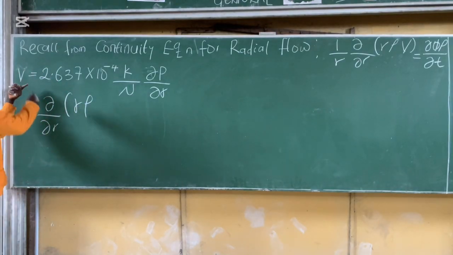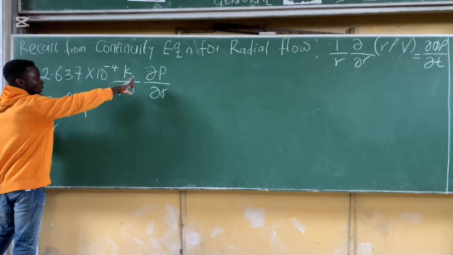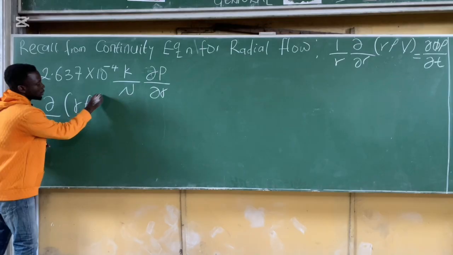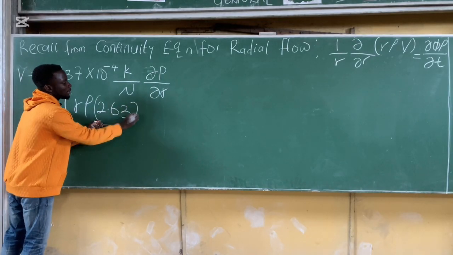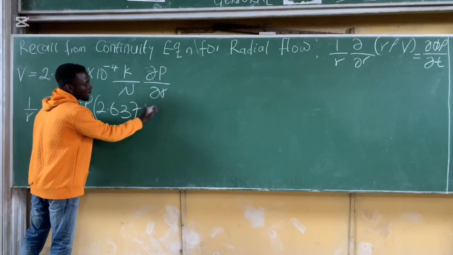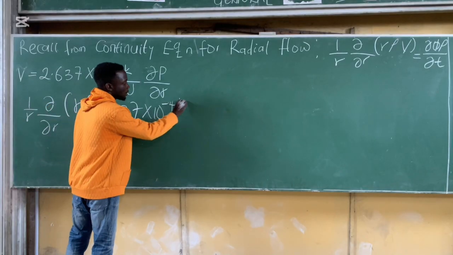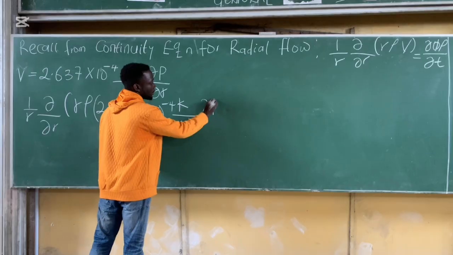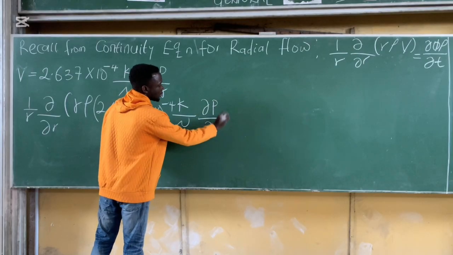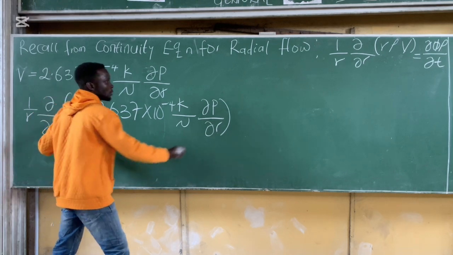In place of v, we substitute 2.637 times 10 raised to the power of minus 4, k over mu, dp divided by dr. Close this bracket, then close the second bracket.